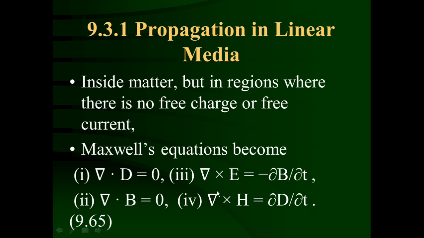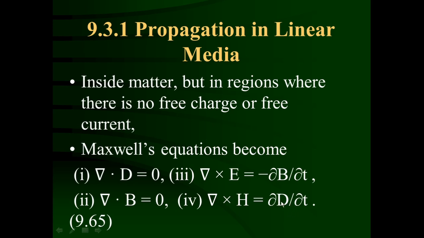Similarly, equation 3 is curl of E is equal to minus del B upon del t. It indicates that the variation of magnetic field with respect to time will produce the electric field. Similarly, the fourth equation, which was given by Maxwell by modifying Ampere's law, is curl of H is equal to J plus del D upon del t, but the free current density J is also going to be 0.